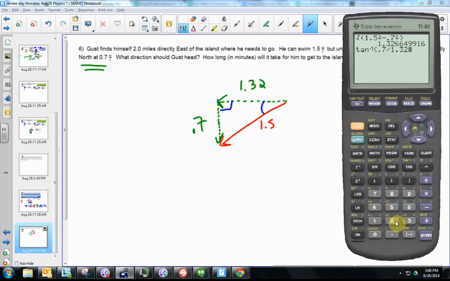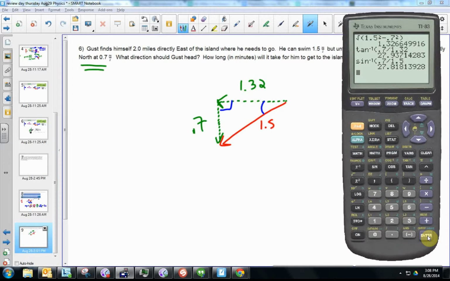And actually, I could arctan it. I also want to show you that I could arcsine it. And we'll talk about which one's a little better, because they'll be slightly different, though almost the same.